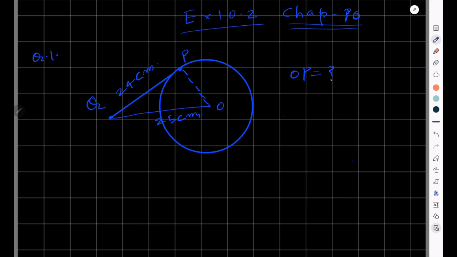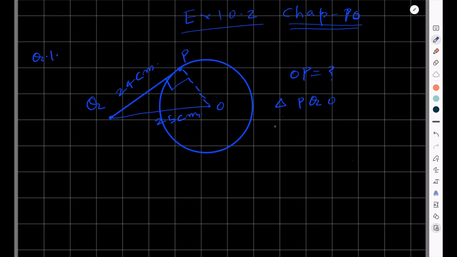So I have read the question, made the diagram, and now we are trying to solve this problem. This is a very simple problem. It's given that QP is a tangent, and any tangent is perpendicular to the radius. This is the theorem which we have already proven. So triangle PQO will be a right angle triangle, and we can apply the Pythagoras theorem.